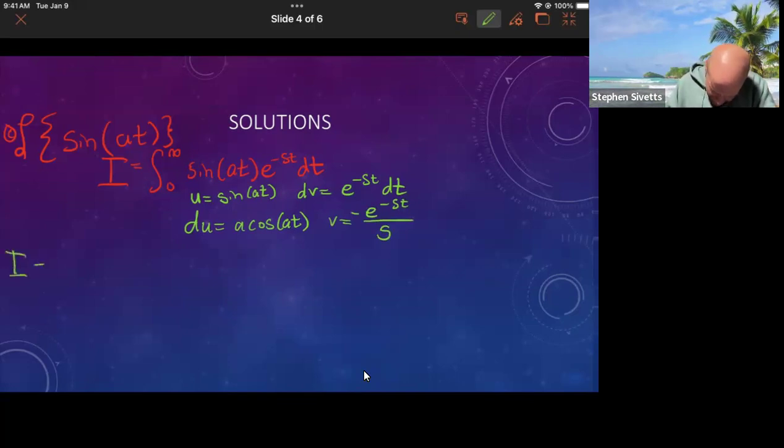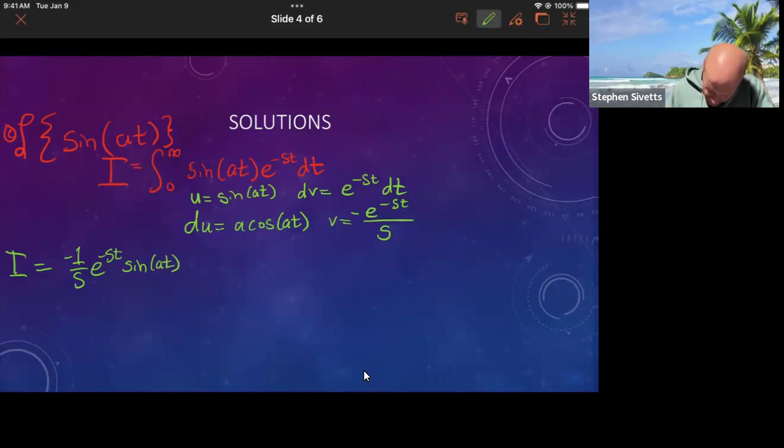So I is equal to minus 1 over s e to the negative st sine of at.